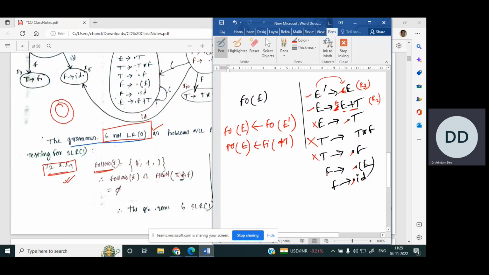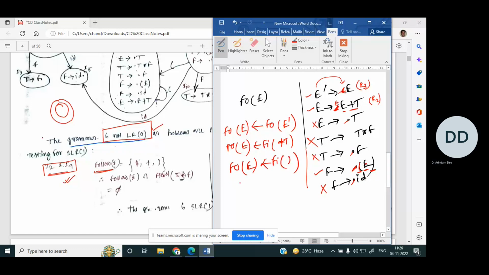Here there is an E term. This is segment 1, this is segment 2, and this is segment 3. So follow of E will take the first of this bracket symbol, the third segment. Here I have applied the follow function rule number 2. Now these are the findings that we have obtained here.